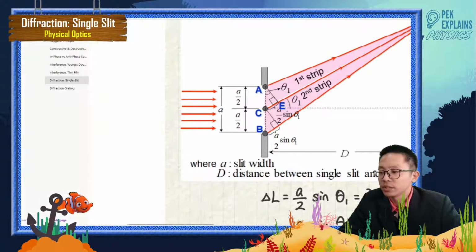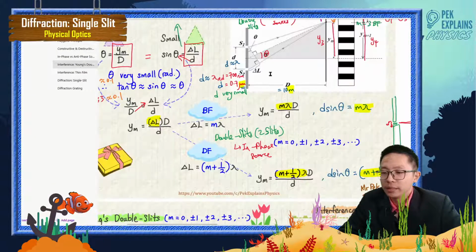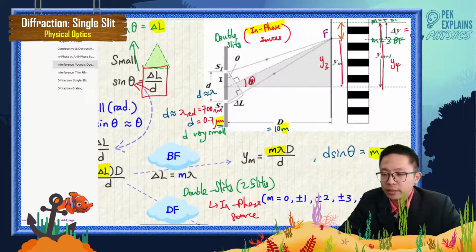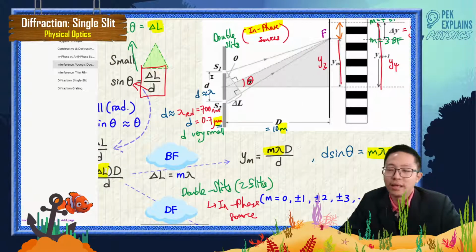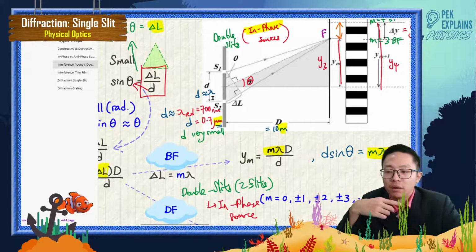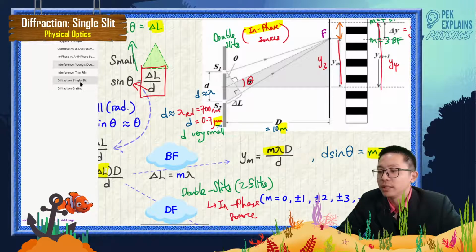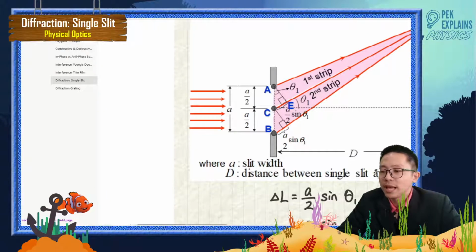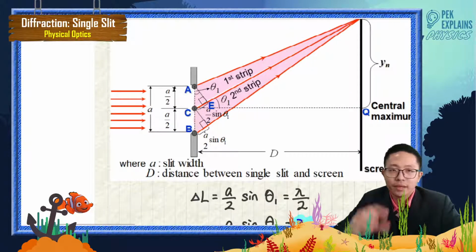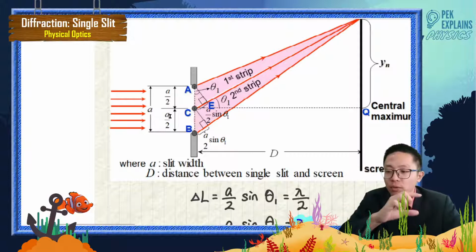Last time we used d for double slit. What is d? d is the separation of the two slits. But this one, for single slit, a is the size of the opening, the slit width.